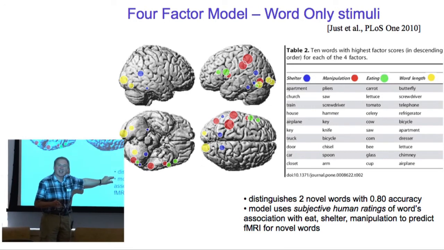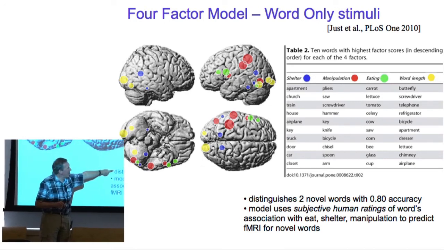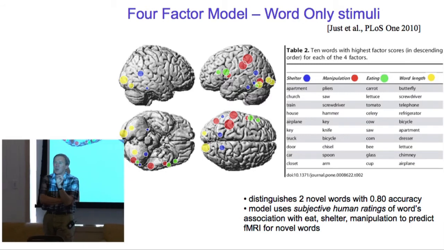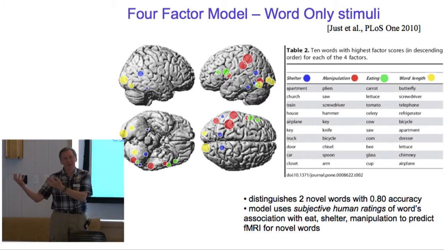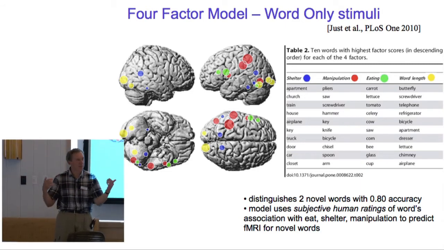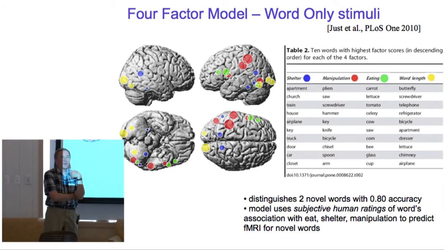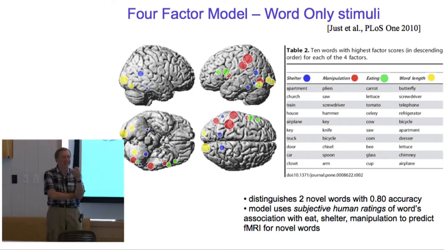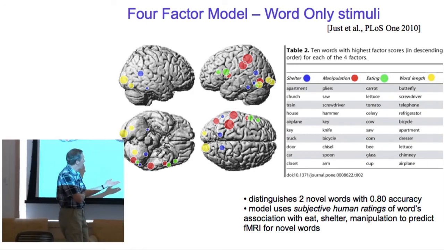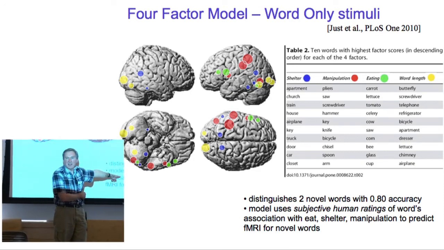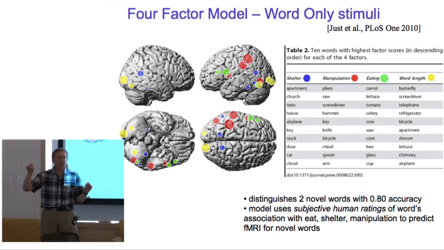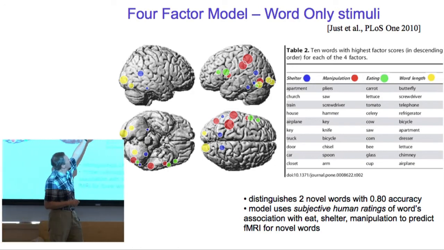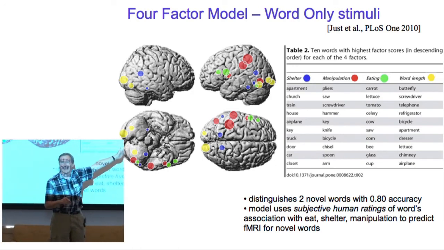But the interesting thing is, this number, the 80% accuracy number, comes from the following way of testing the model. Given two novel words to it, we had the fMRI data, but we withheld it during training. Instead of predicting with linear regression the values of these loadings, we actually just behaviorally asked an independent collection of people to go through the 60 words and label them on a scale from 1 to 7 according to how much they made them think of shelter, manipulation, and eating.